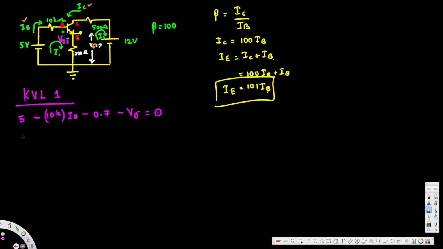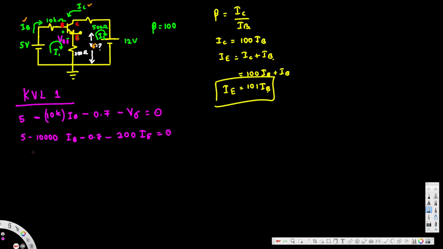V sigma is basically 200 times the current passing through it, which is the emitter current, so V sigma is 200 IE, that's equal to 0.